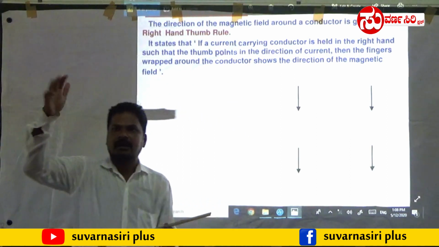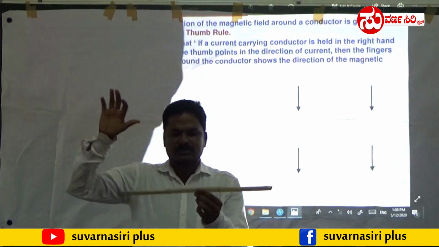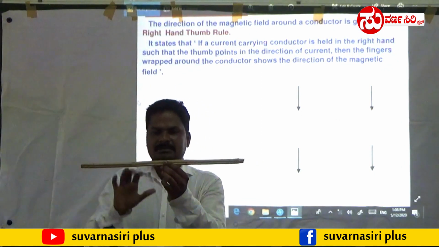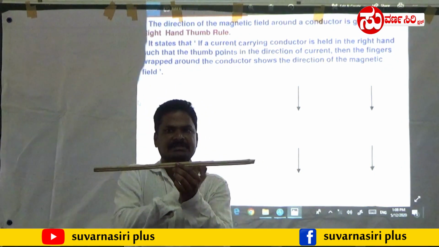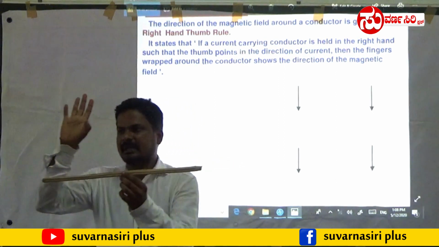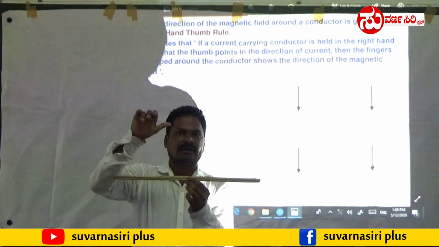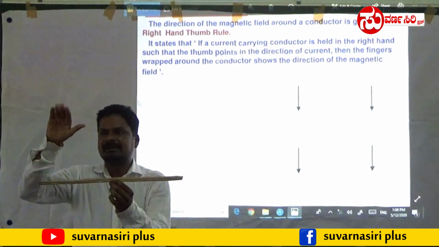Let's assume this is the thumb and these are the wrapping fingers. When the current passes from west to east, the thumb shows the direction of the electric current, and the wrapping fingers show the magnetic field direction.